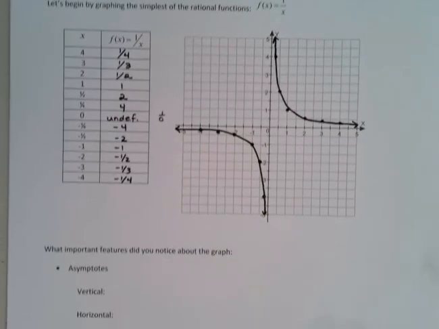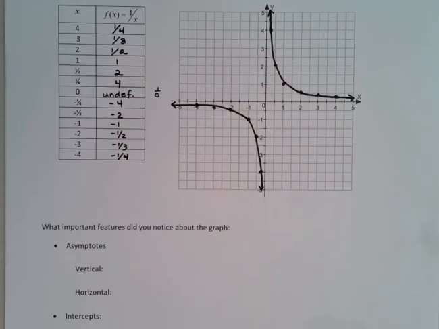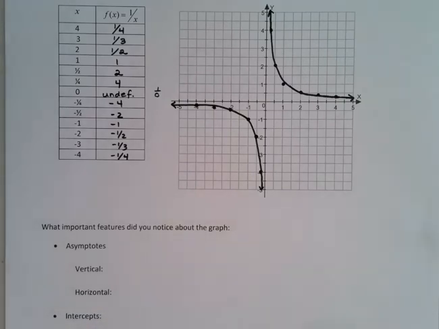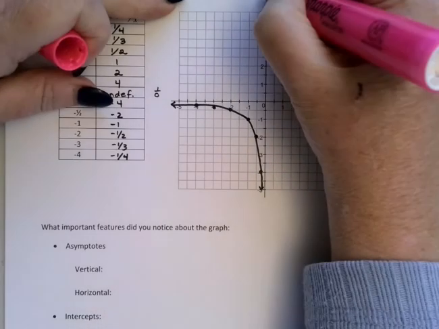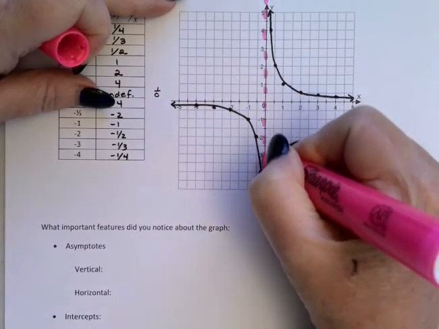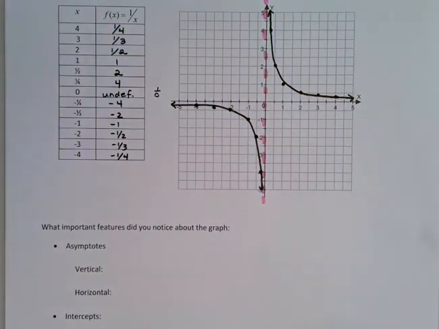The features on this graph that I'd like you to particularly notice are, first of all, it has two asymptotes. One is vertical, the other is horizontal. The vertical asymptote is this y-axis. We know the graph will never touch it or cross it because x can't be equal to 0.